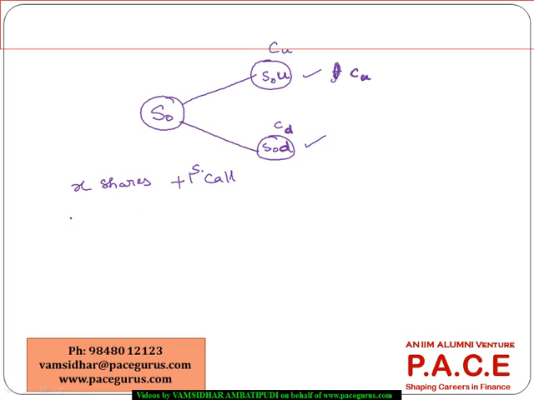So now let's say the current stock price is S naught. I would have invested X times S naught to purchase X shares, and because I have sold a call option, whatever price is associated with the call option today, I'm going to get that.